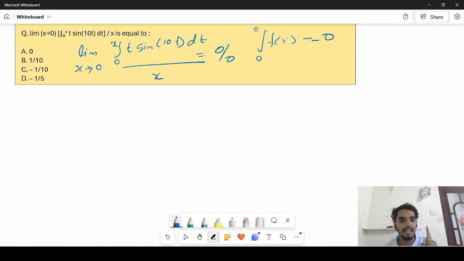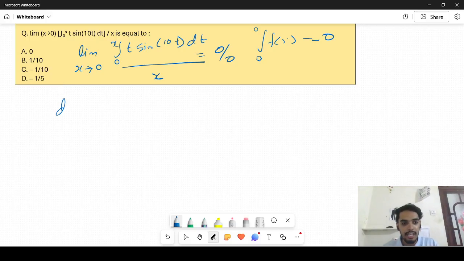In the limits chapter, for 0 by 0 format, what can we say? It is L'Hopital's rule. We can differentiate the numerator. This is a very good question. Why? Because here the limits chapter as well as integration is coming.